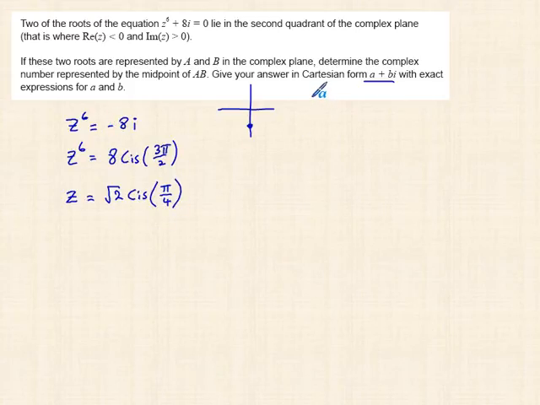We have 6 roots spread around 2 pi, so the gap between them would be pi by 3.